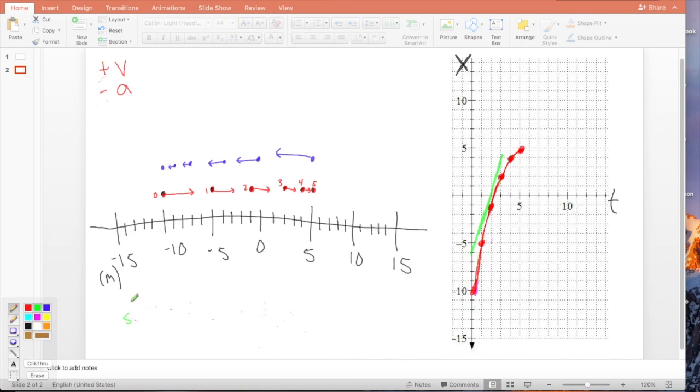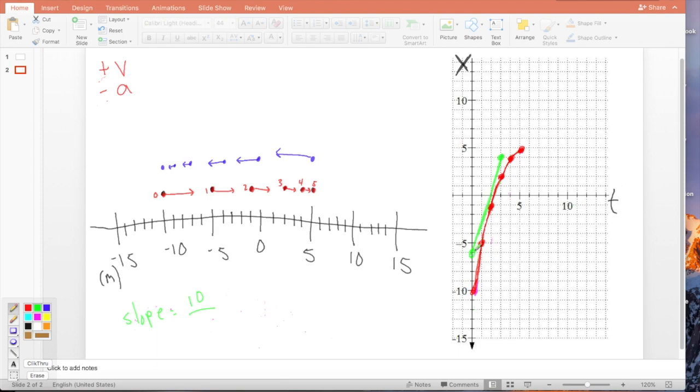Hopefully you remember that slope is rise over run. So the slope of that tangent line is going to be the rise. I'm just going to pick some points here that I can see quite easily. Looks like 0, -6, this point right here. So it starts at -6, and it looks like it rises. Let's say I pick this point right here, rises to a 4. That is a change of 10. 10 is my rise.